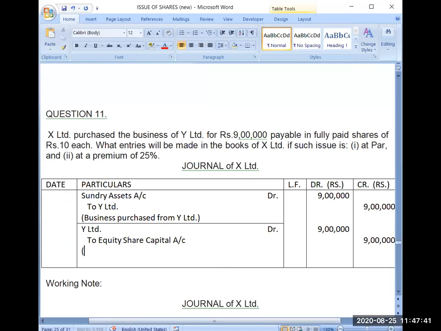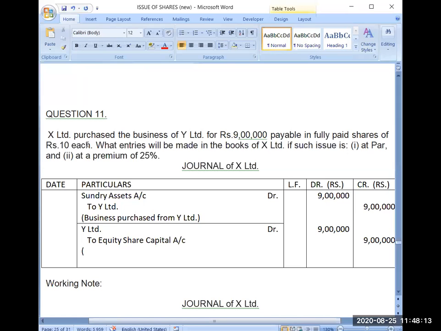Narration. Now, how many shares will you be issuing to Y Limited? Can you tell me? How many shares will you be issuing to Y Limited for rupees 9 lakh? Yes, fine.